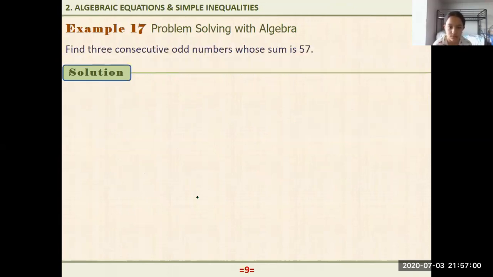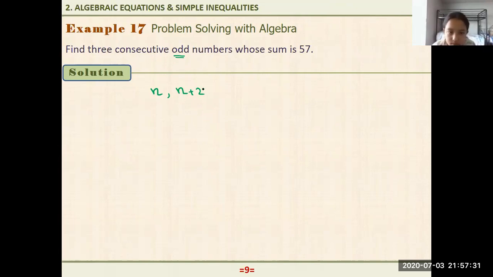Let's try another problem. Read the question. Find three consecutive odd numbers whose sum is 57. Very good. Now we know what we mean by consecutive. The key words here are odd numbers. If the first number is n, the second number should be n plus 2, because the difference between two consecutive odd numbers is 2, like 1, 3, 5, 7.